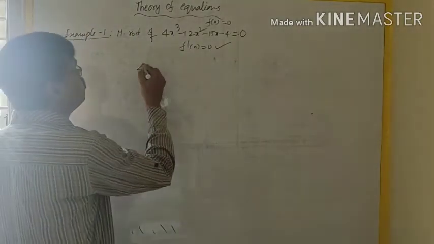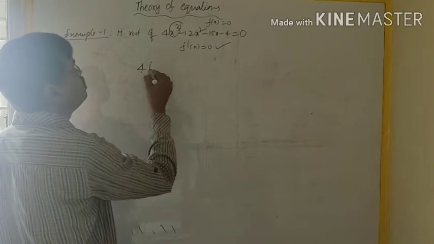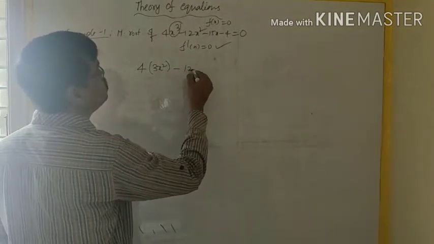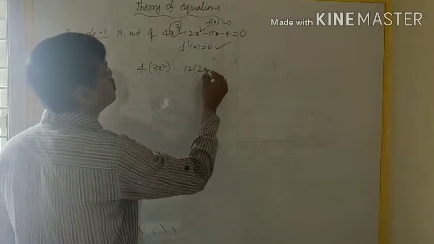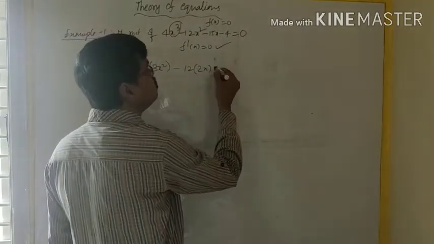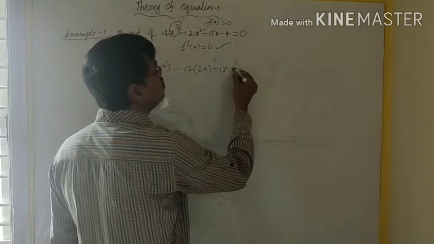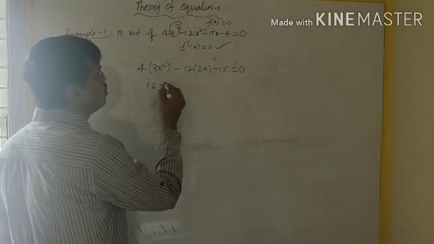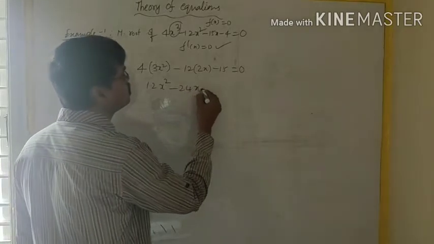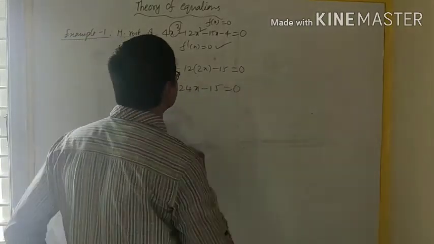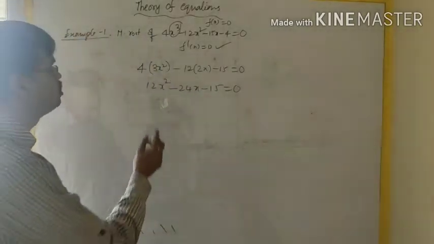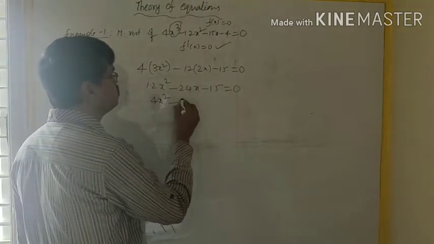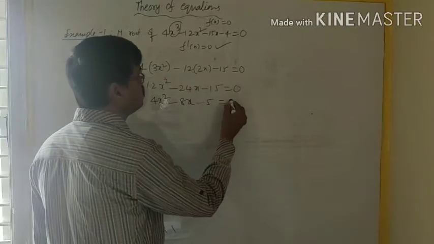We check. 4 into the derivative of x cube is 3x square, minus 12 into the derivative of x square is 2x, minus 15 into the derivative of x is 1, and the constant's derivative is 0. So 4 3s are 12, 12x square minus 24x minus 15 equals 0. You can take 3 common: 3 into 4x square minus 8x minus 5.